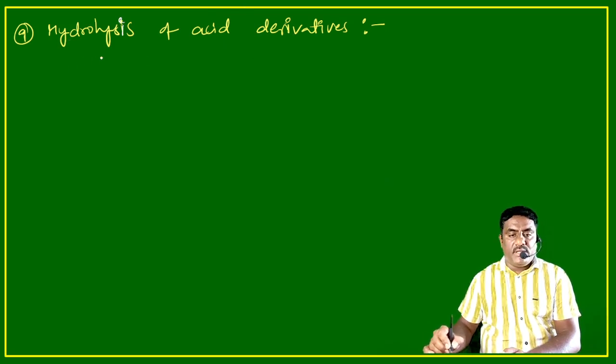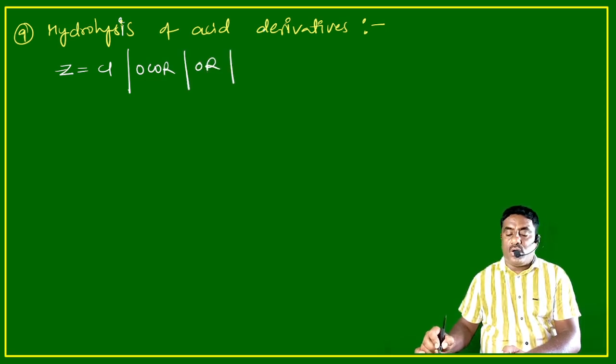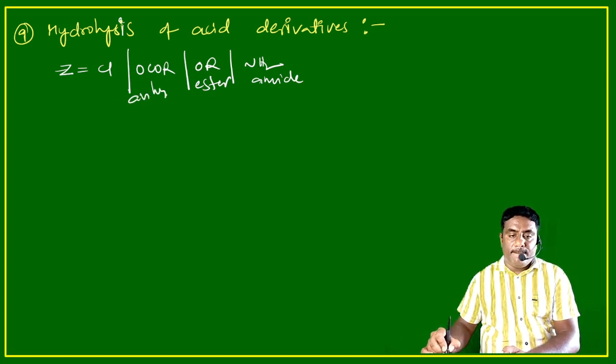Z equal to chlorine means acid chloride, or anhydride OCOR, or ester OR, and amide NH2. So it is amide, ester, anhydride, and acyl chloride.